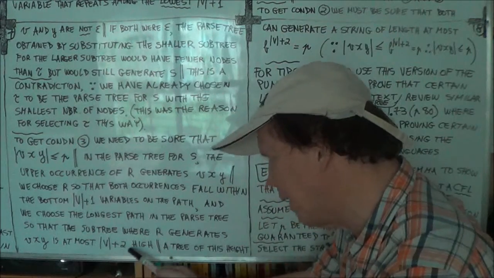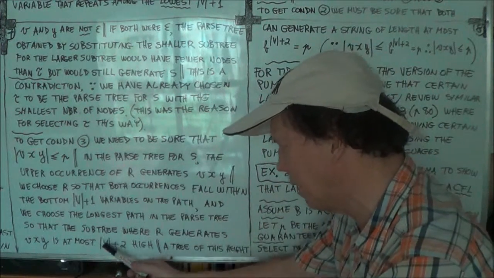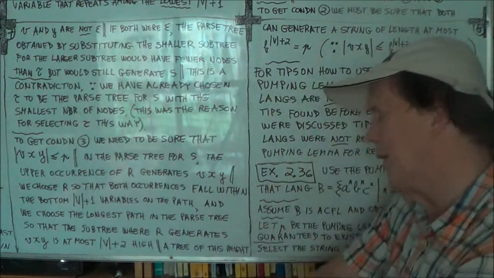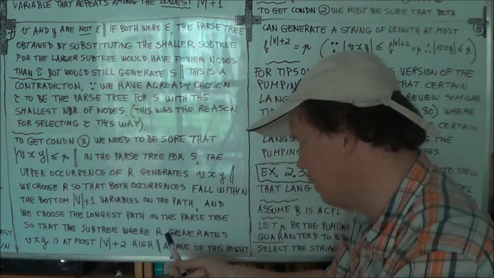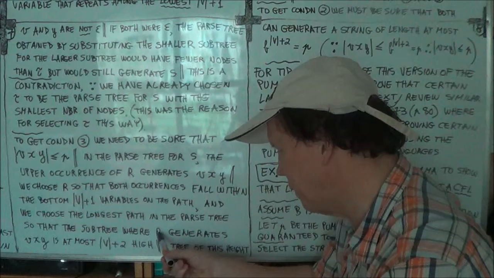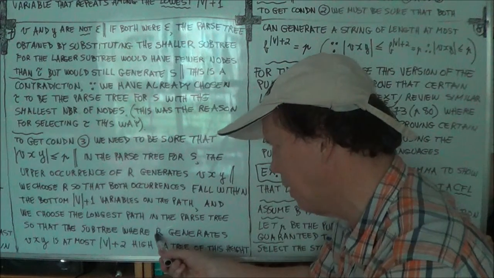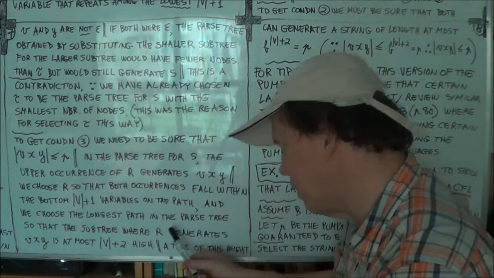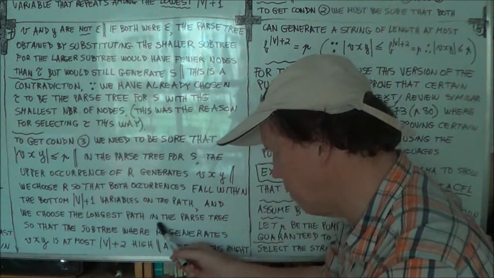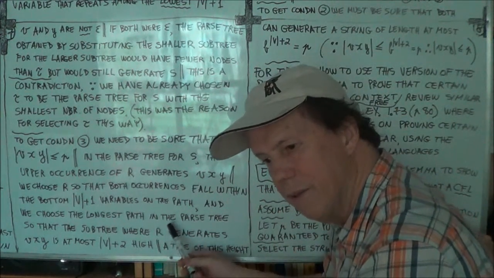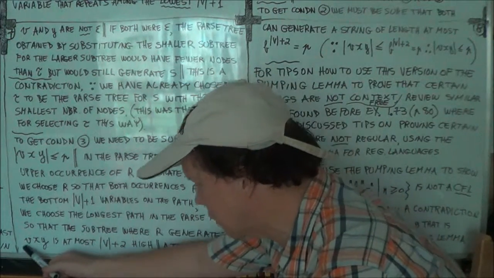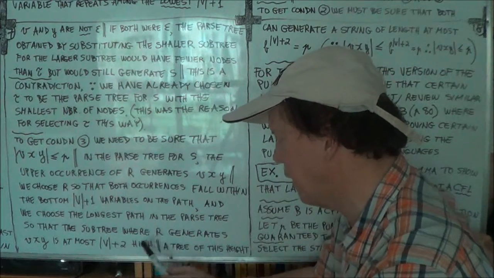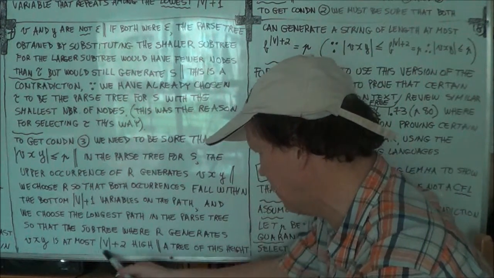So its height will be at most this, right? So you're choosing your R, the repeat variable, and that repeated variable generates this substring vxy, and the height of that path from R is this much.